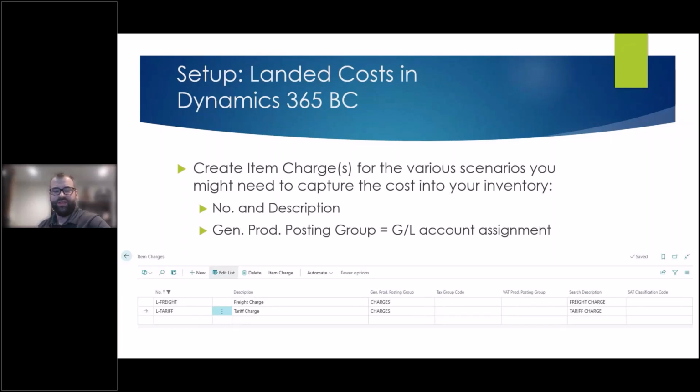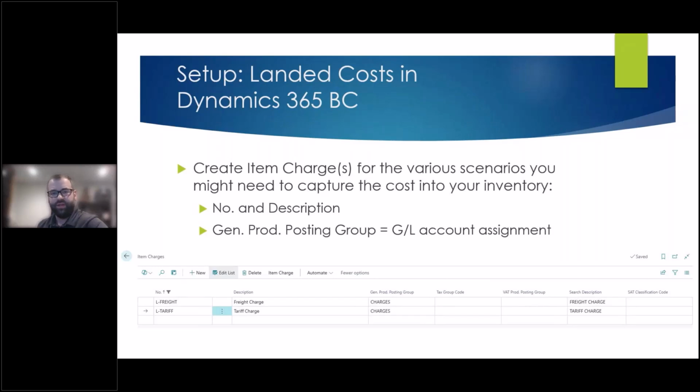The second part of this is how the GL accounting works behind the scenes, which is the general product posting groups. In Business Central, we never really give named accounts to any sort of item or card, if you will. It always comes from a posting group or a posting class. And so that's where the GL account assignment happens for our item charges.